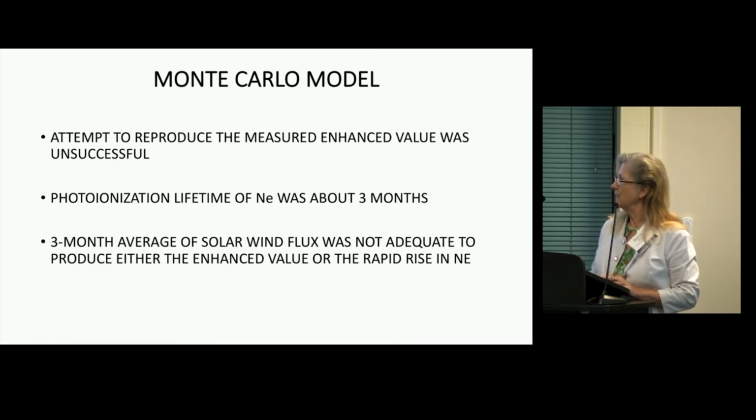One interesting thing: the photoionization lifetime of neon is 3 months at this particular time. It's associated with the sun. But that's obviously not the loss process for neon. It can't be photoionization.